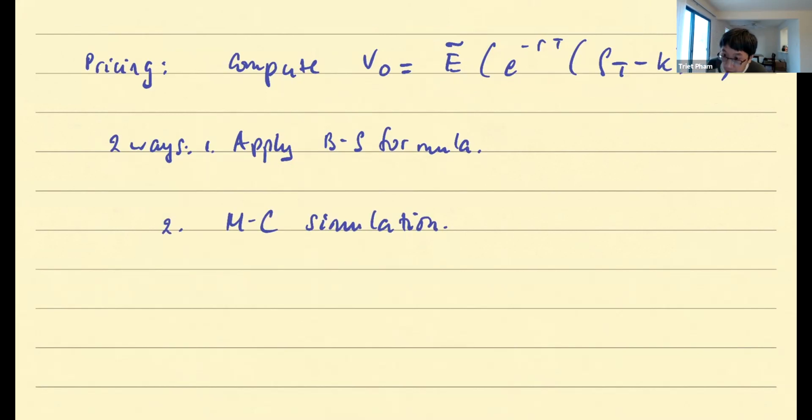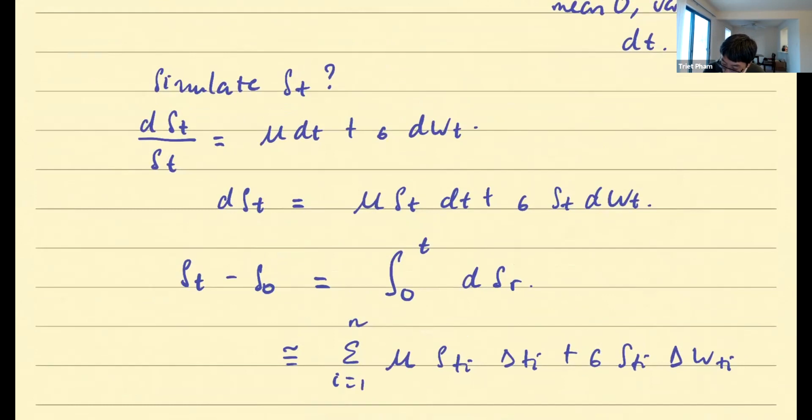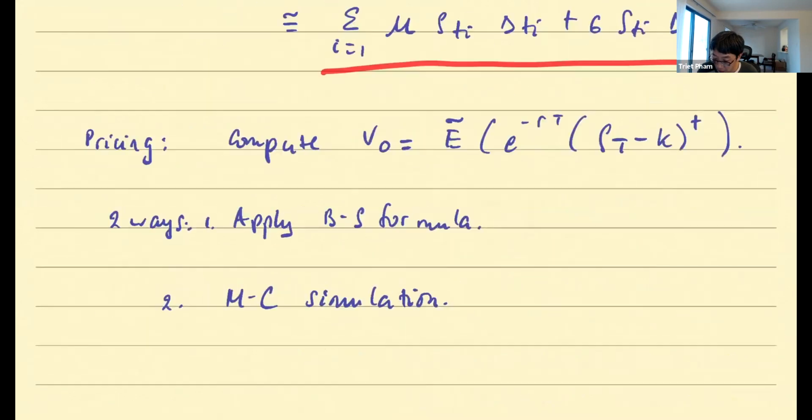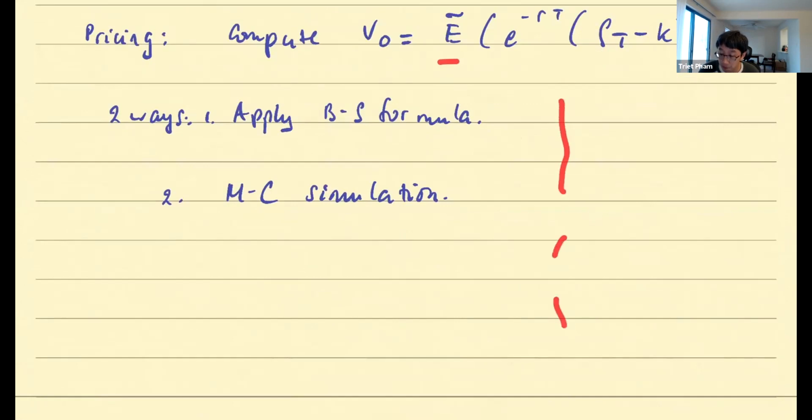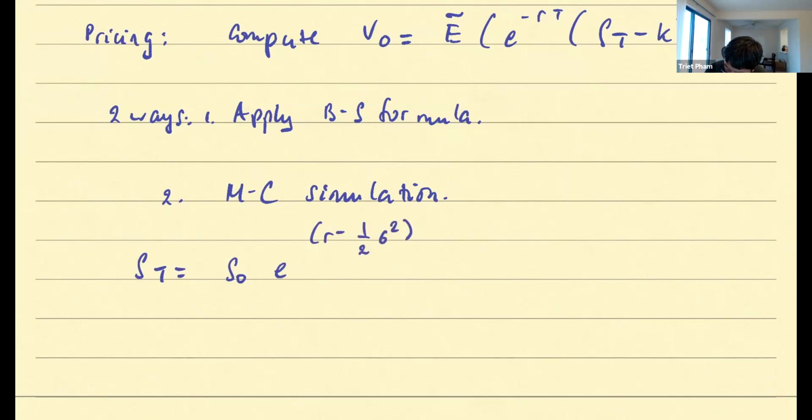So how do you simulate here? The idea of Monte Carlo simulation, again, is some kind of average, where in some way this is like summing up in time, and expectation is summing up in terms of events. So pay attention that ST right here is this. All you have to do is follow the principle we discussed last time: simulate this Brownian motion part, because that's the source of your noise.